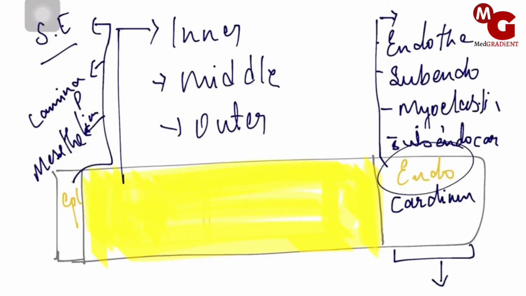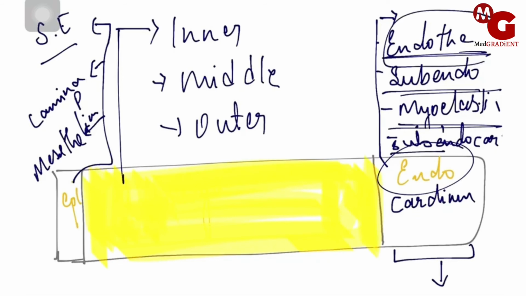We have the endothelium, the subendothelium, the myoelastic layer, and the subendocardium. Do not get confused: it is the endothelium of the endocardium, and the subendocardium of the endocardium, right?